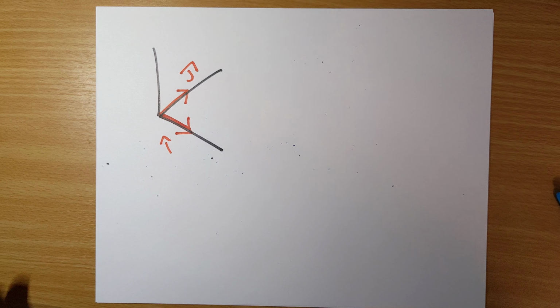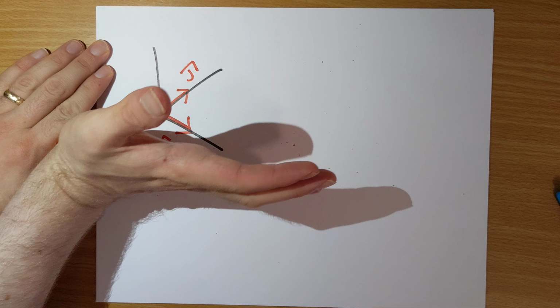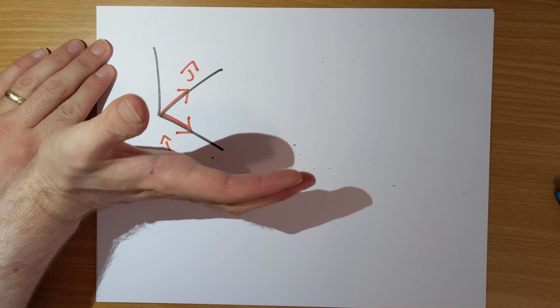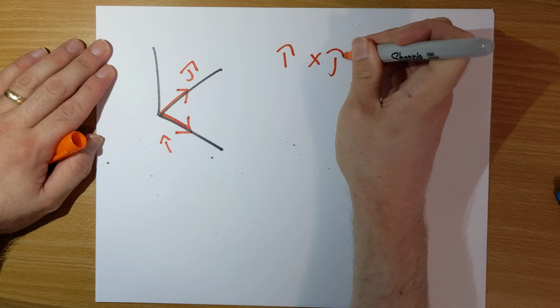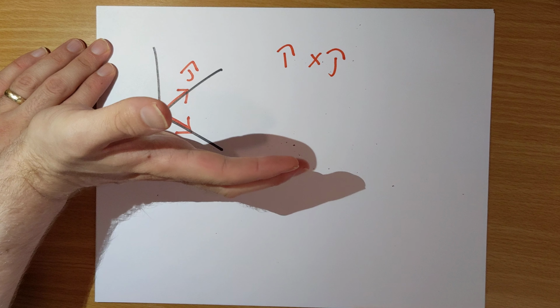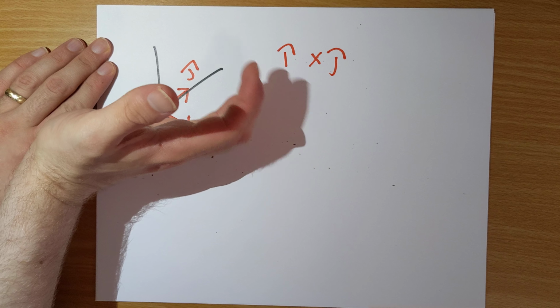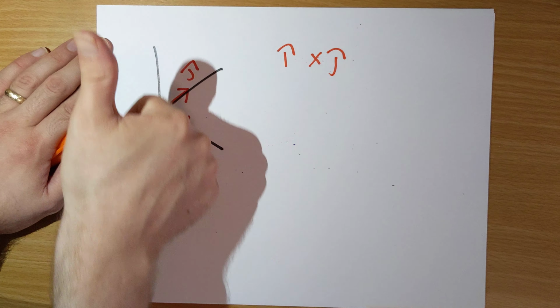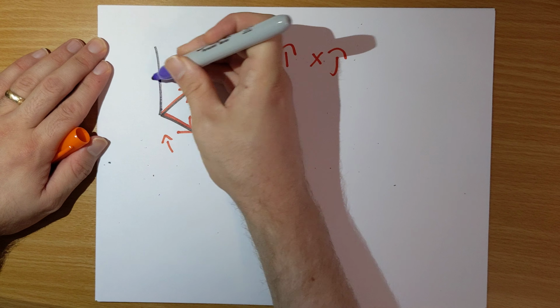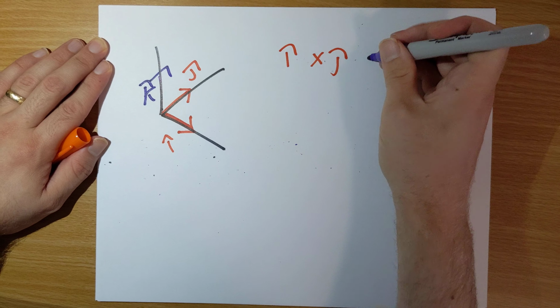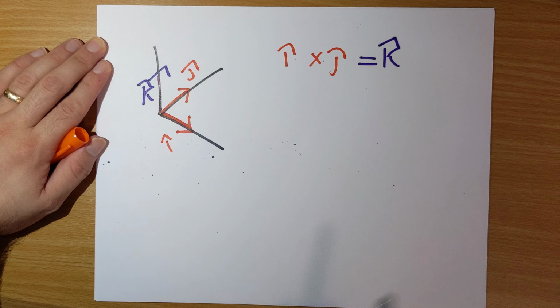I need to reposition my body so I can get my fingers on my right hand. I point my fingers in the direction of I hat, curl them towards j hat, and I'm pointing straight up here. I'm pointing in the direction of k hat.